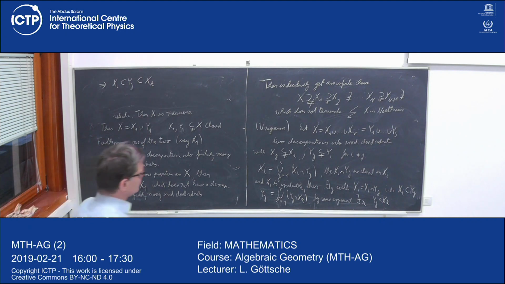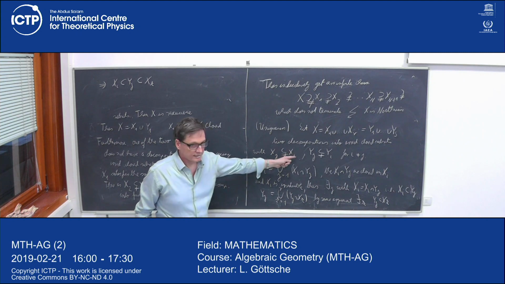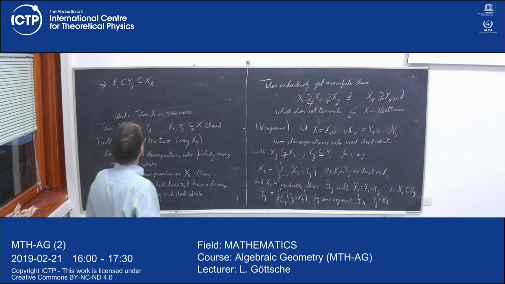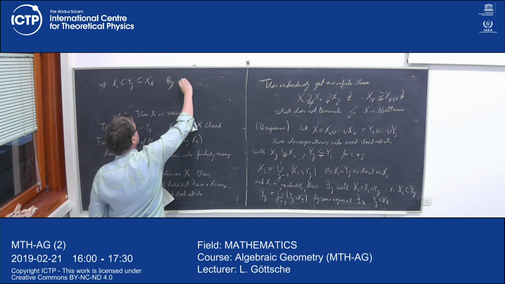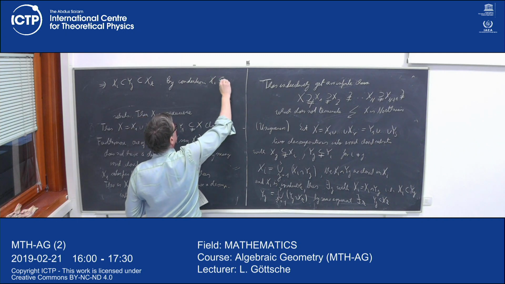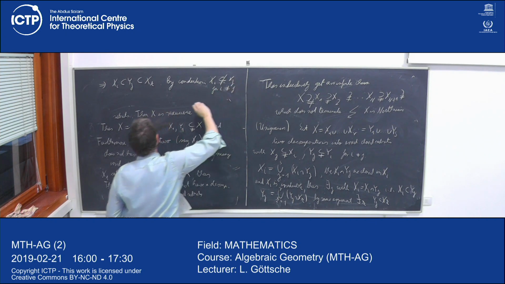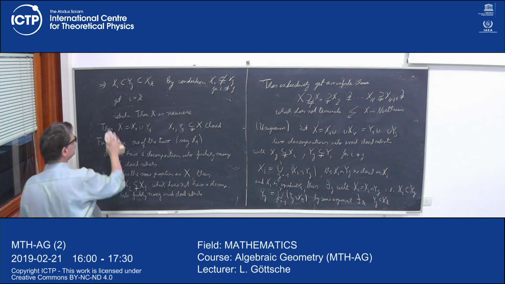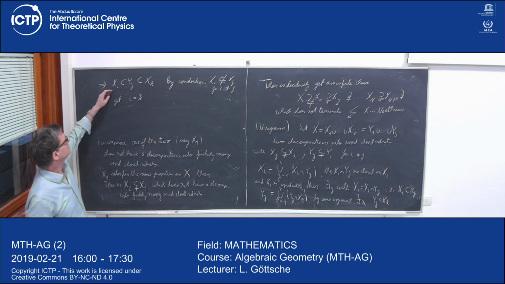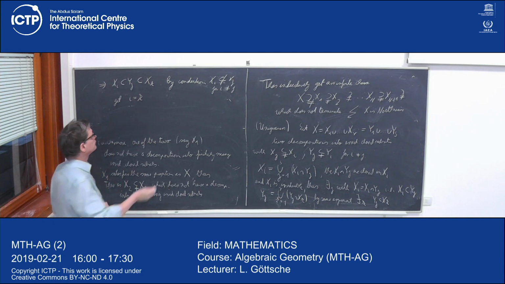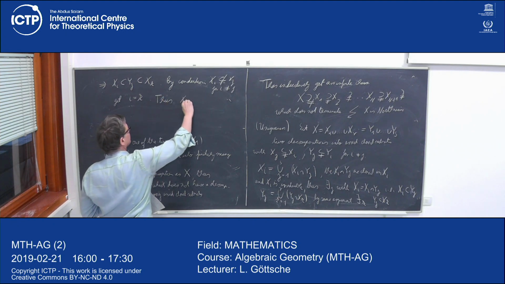But now remember, we made the condition that none of these Xi's is contained in another unless the indices are equal. So by the condition Xi not contained in Xj for i different from j, we get that i is equal to k. So in particular, this one is equal to this, and this one, being squeezed in the middle, is also equal. So Xi is equal to Yj.